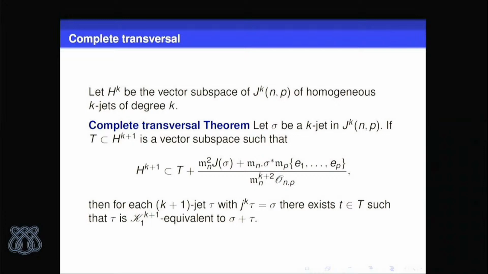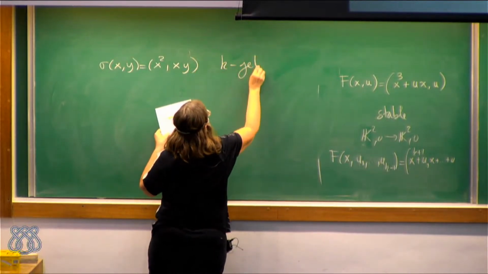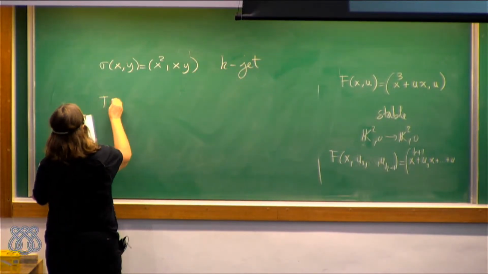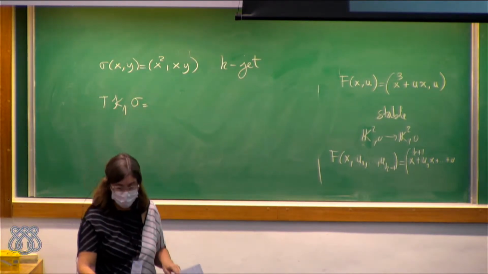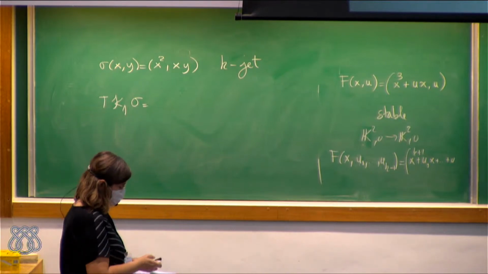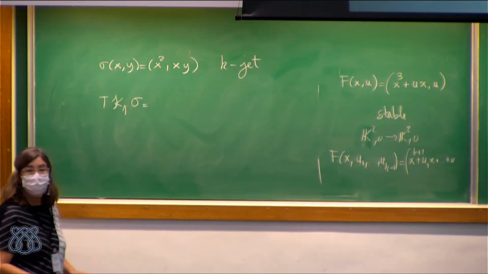A quick calculation, very quickly, is the following. Let's start with this k-jet. I'm going to consider it as a k-jet. Then we have to calculate this tangent space here.